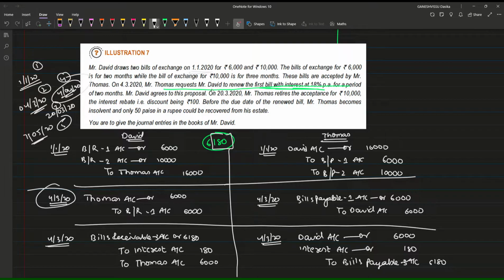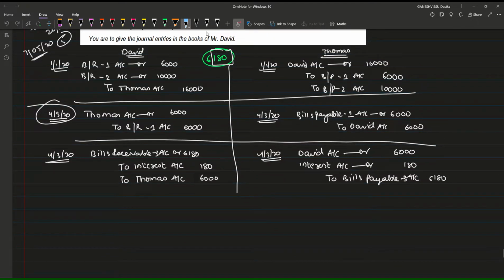Now on 20th March 2020, Thomas returns the bill acceptance for 10,000 rupees, interest being rebate. That means from 10,000, 100 rupees is the discount which he is going to receive.